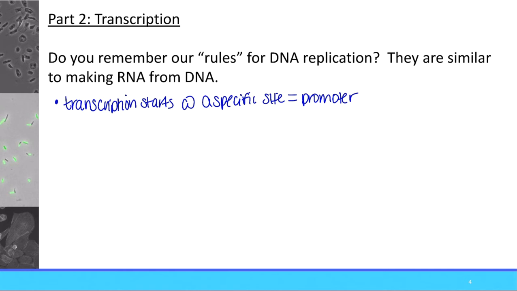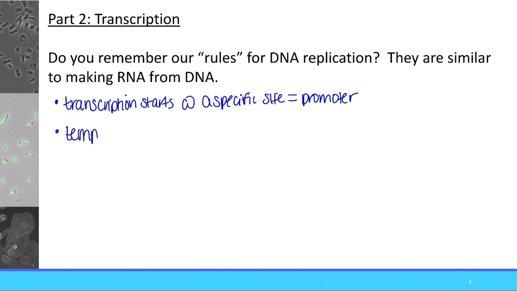In DNA replication, that site was called an origin of replication. Here in transcription, we call it a promoter. It's going to promote the RNA polymerase to start transcribing, or copying, the DNA into RNA.